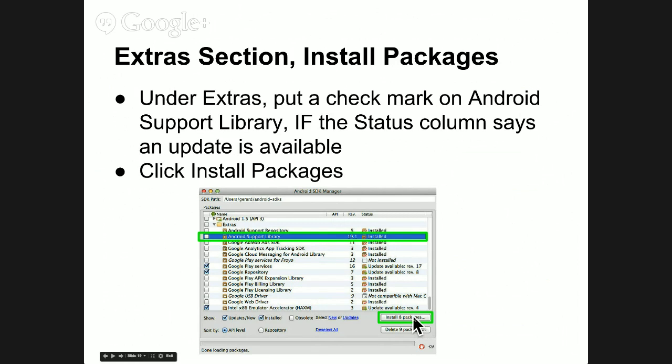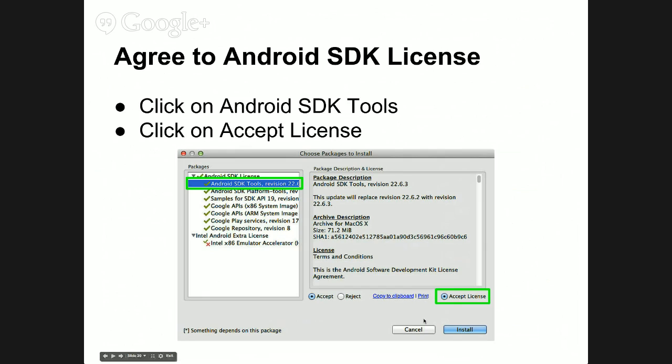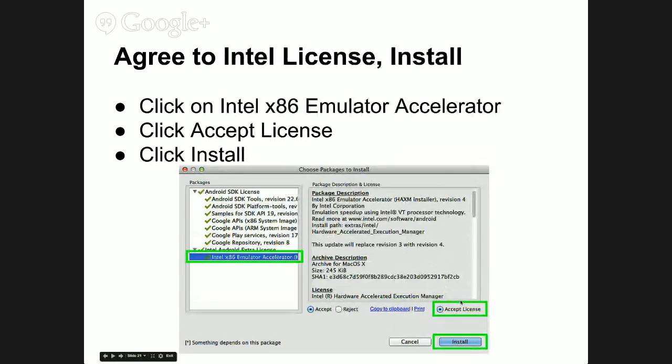Okay, we're ready. You click install packages, and then here you have license agreements. They group it under Android SDK license and Intel's. You click on one, then you hit accept license, and when you click on one, it does it for everything in that group.